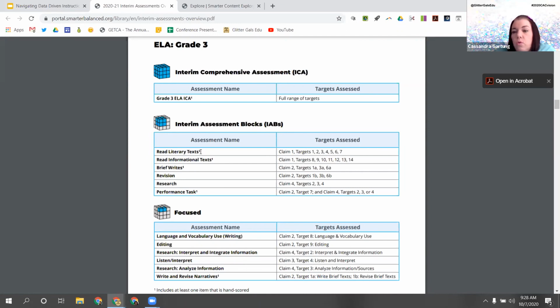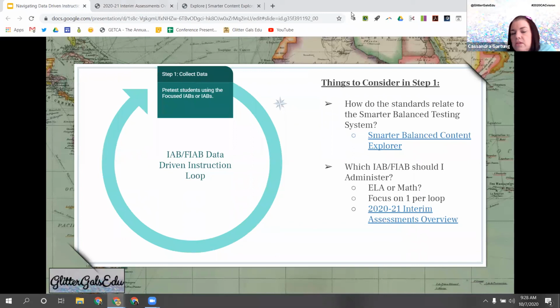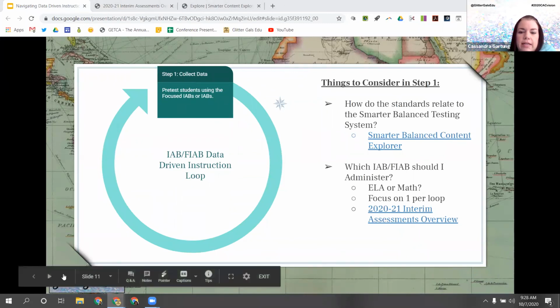That claim is scored extremely low throughout the state of California. So I really wanted to hone in on this and see what exactly the students were doing on this test. That's where I started, but you know your kids, and so you'll certainly know which one would be best to start with. So step 1, again, we're going to be collecting that data.